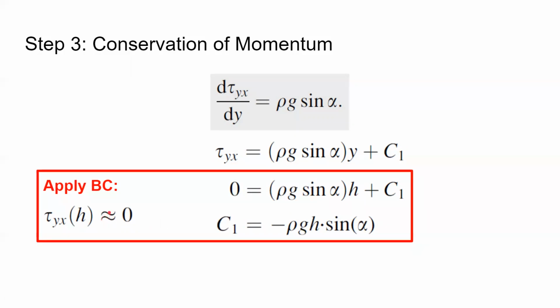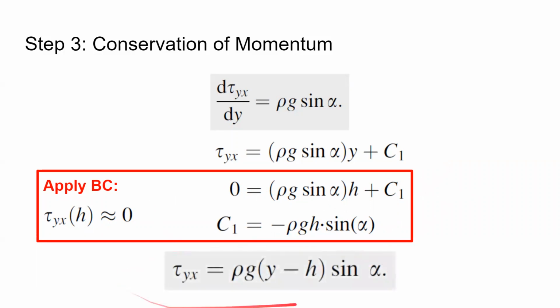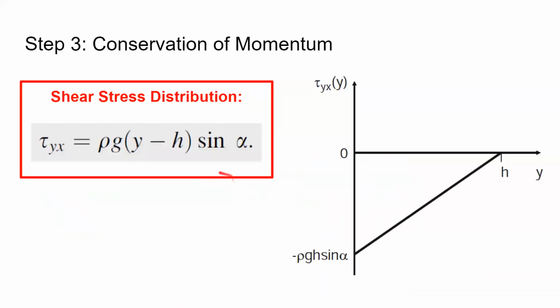From the previous question, we know that the shear stress exerted by the gas on the liquid is negligible, so that's 0. We plug that in and solve for C1, and then we plug it back into our expression to get this statement right here. And this is actually our shear stress distribution.